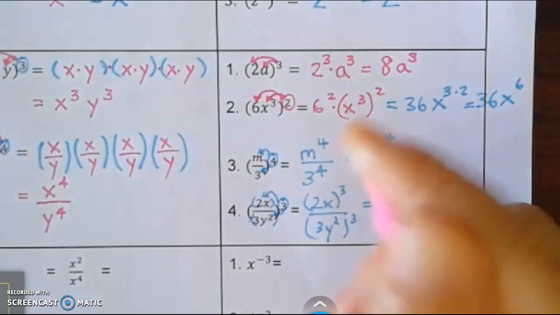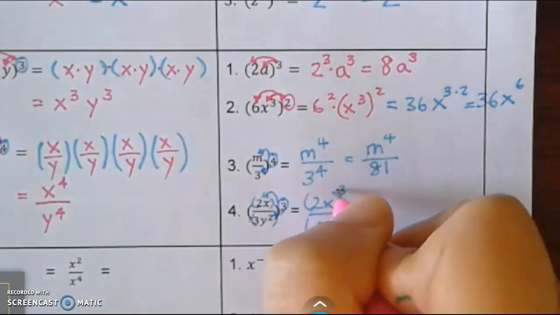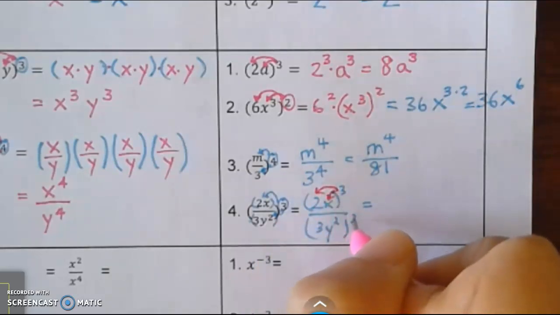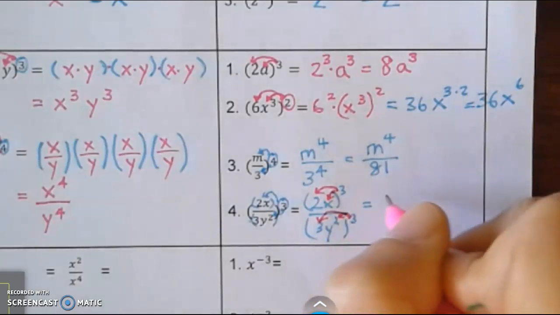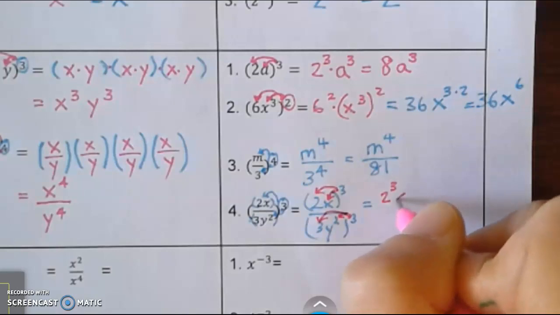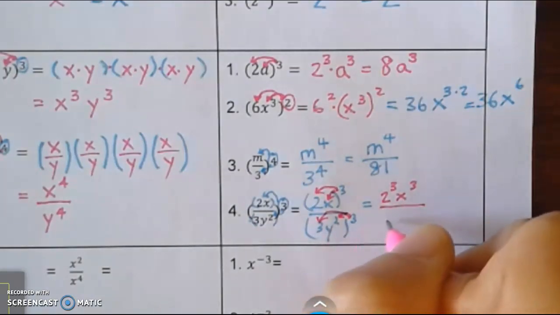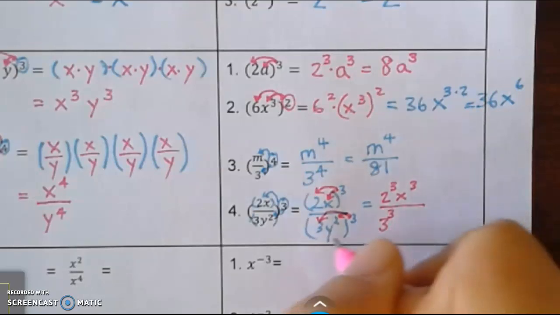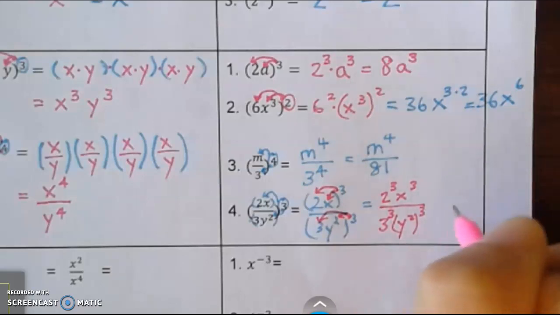Okay, and I know that again from the distributive property, I need to apply these two separately, as well as this needs to be applied to 3 and y squared separately. So that just becomes 2 to the power of 3 multiplied by x to the power of 3 divided by 3 raised to the power of 3 and y squared raised to the power of 3.